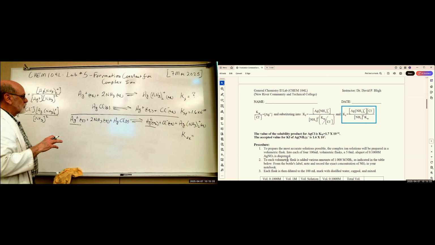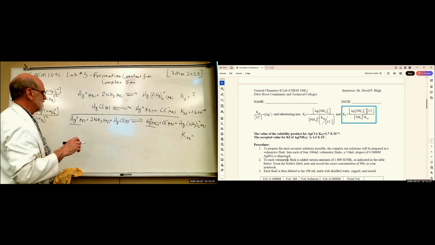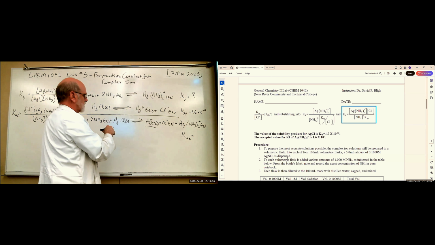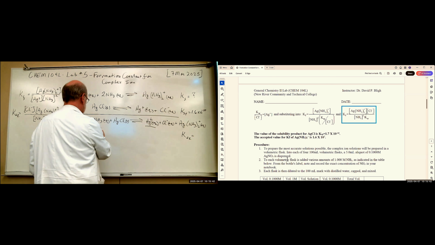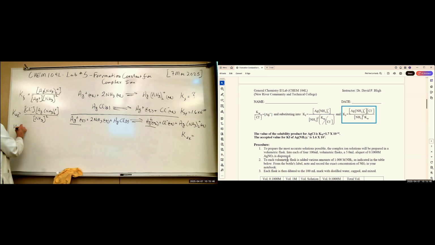But if we take the KSP for this expression, right, and the KSP, let's go ahead and put it over here. Keep it organized.